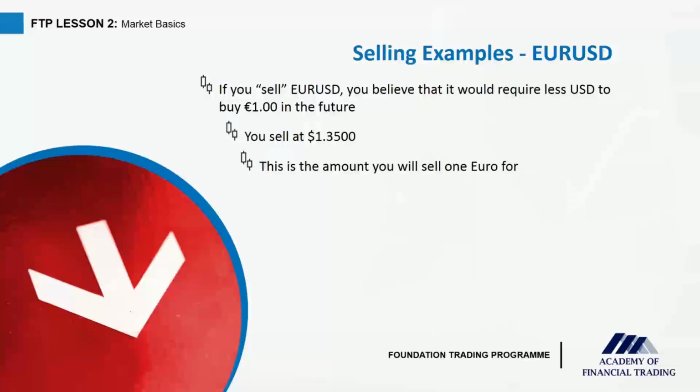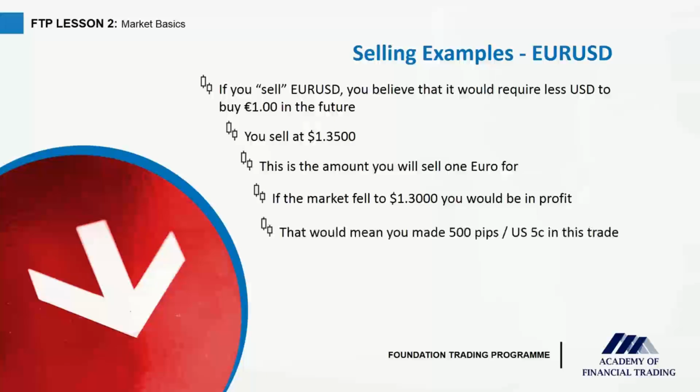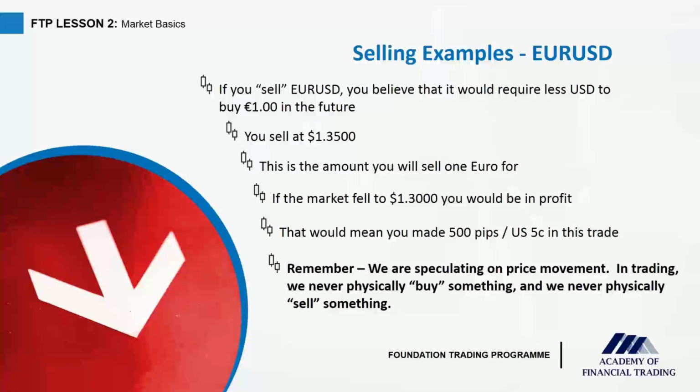Okay, so what you are then hoping is that it will indeed fall. So the market works in your favor. It does go down to 130. Just like the earlier example, in this instance, you have made 500 pips. You have made 5 cents. And again, I have this strong reminder right down at the bottom of the screen. Remember, you're not taking physical ownership of anything.